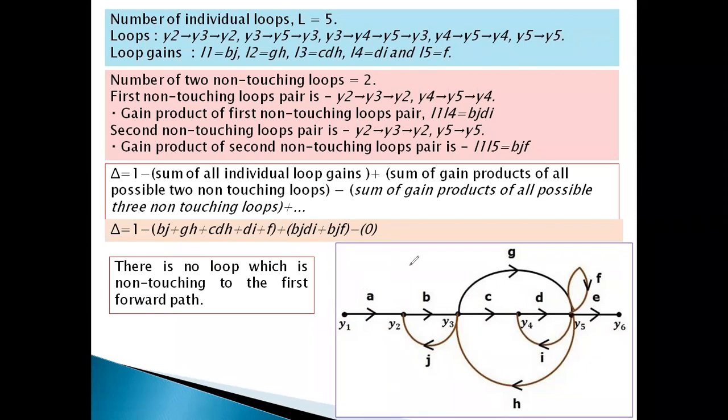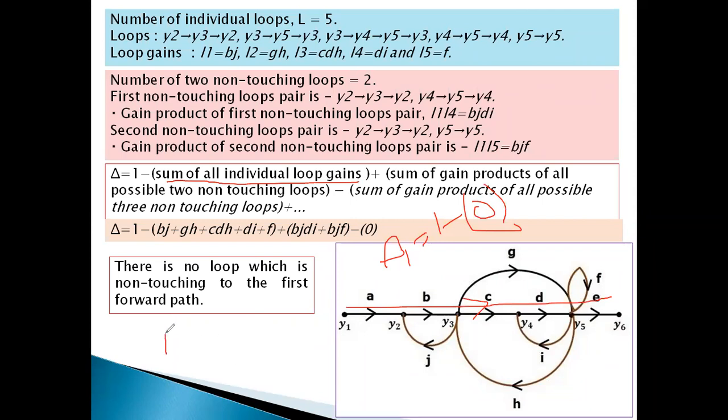Simply, delta 1 is equal to 1 minus the sum of all individual loops which are not in contact with the first forward path. The first forward path is this one. So all the loops are in contact with this first forward path. So put 0, so delta 1 becomes 1.